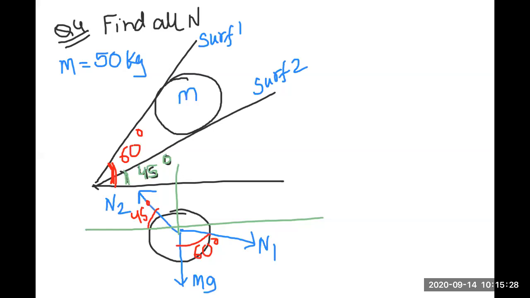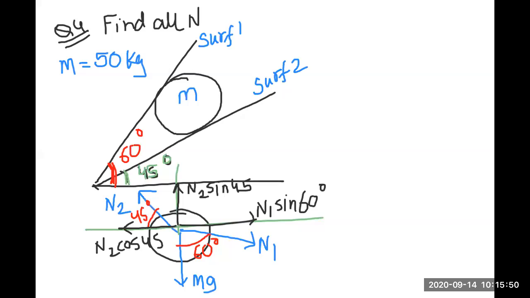Now I'll take components. ये हो जाएगा n2 sin 45, ये हो जाएगा n2 cos 45, ये हो जाएगा n1 sin 60 degrees, ये हो जाएगा n1 cosine 60 degrees. Right?